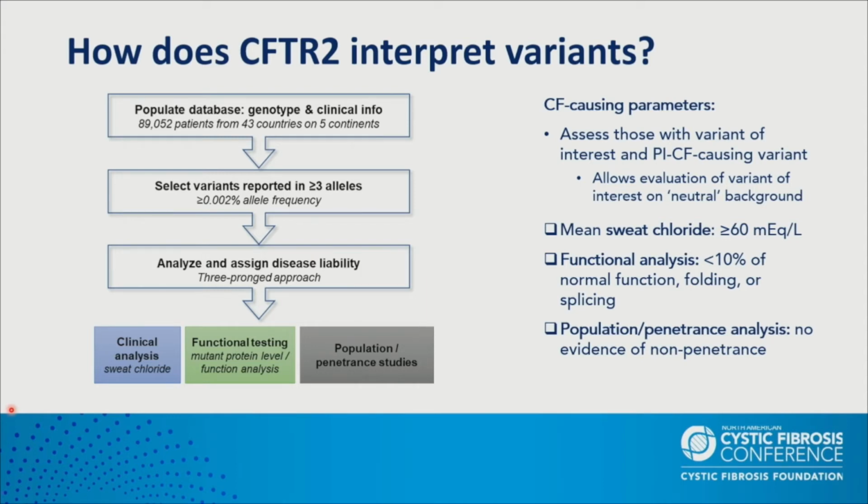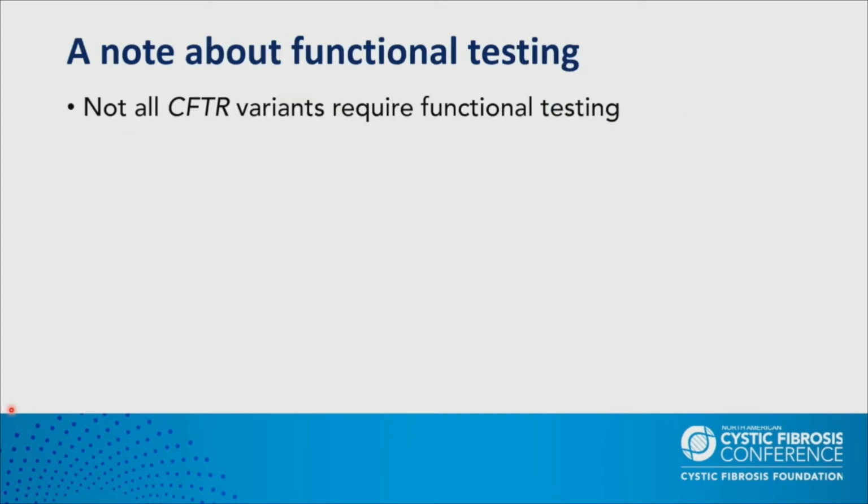It's a double negative. But what it means is that what we don't want to see is somebody with a CF-causing variant and then another variant of interest that we think causes CF, but the person doesn't actually have disease. That would be an example of non-penetrance. So when we want to call something CF-causing, we want to make sure we don't hear about or see population evidence of people running around that don't have disease when we think that they should.